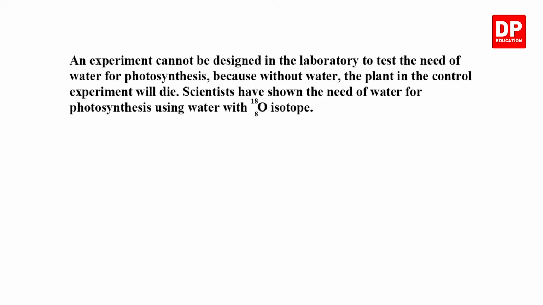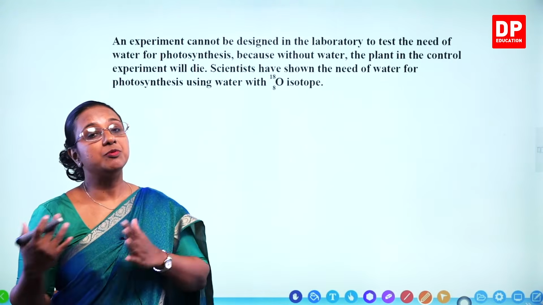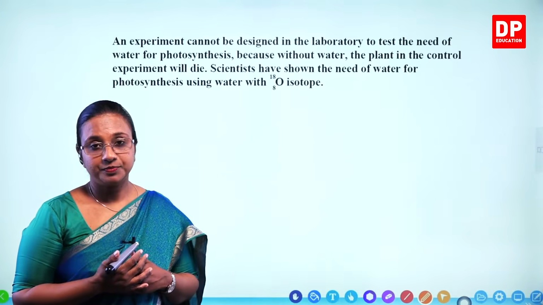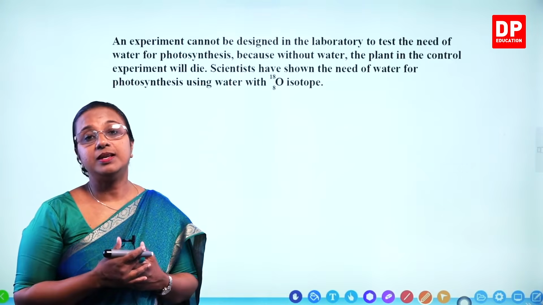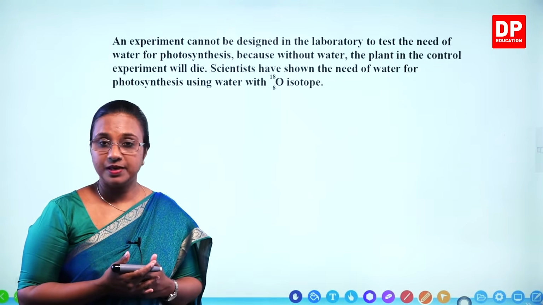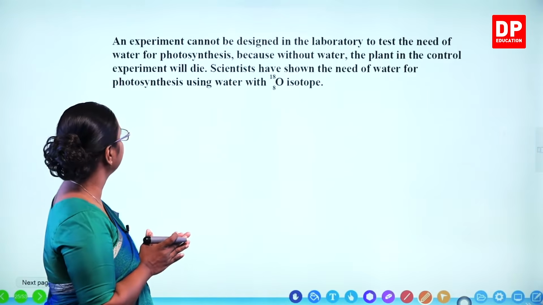Now we can't do this. Why? To show that water is necessary, from one plant we have to remove all water. But the plant will wilt and die if we remove all the water from the plant. So therefore, we cannot do this activity.